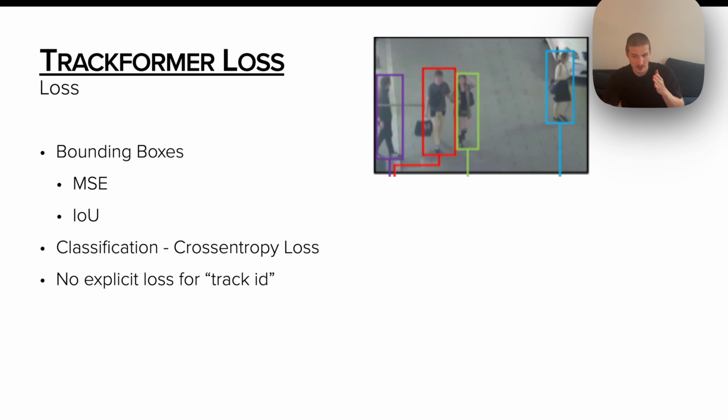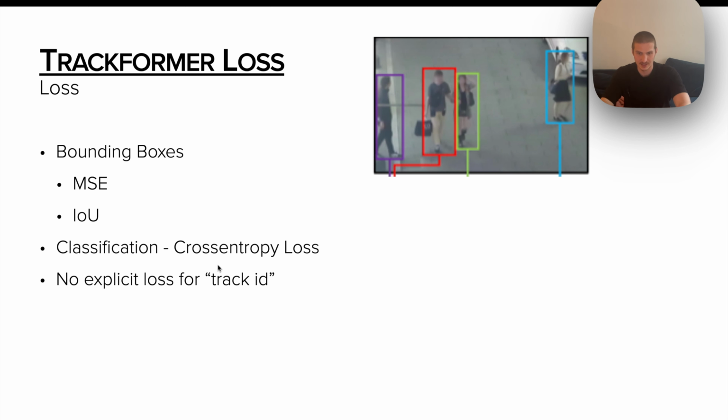So notice how there is no explicit component in the loss for track ID. The loss that we compute here is exactly the same as in DETR, but you get that tracking property by matching.